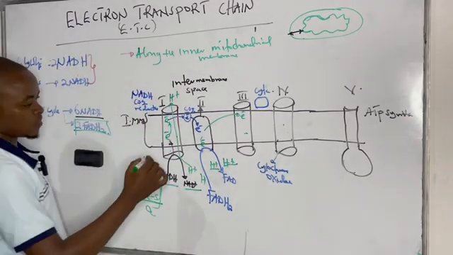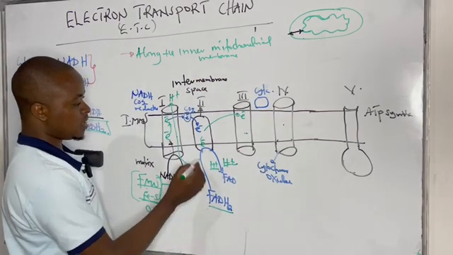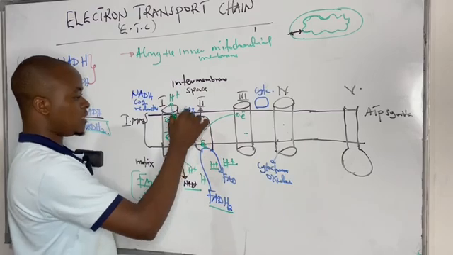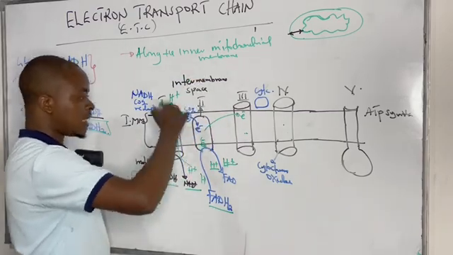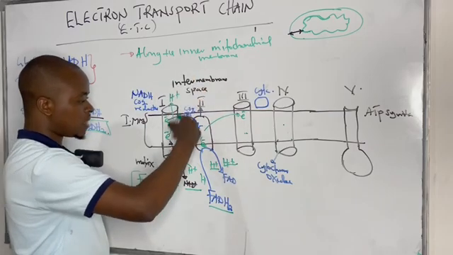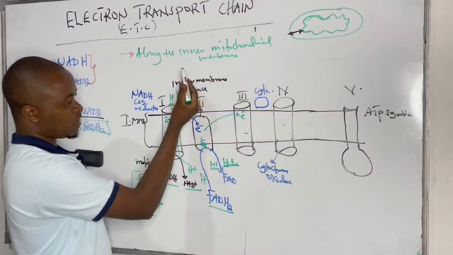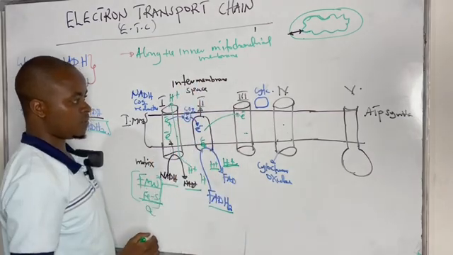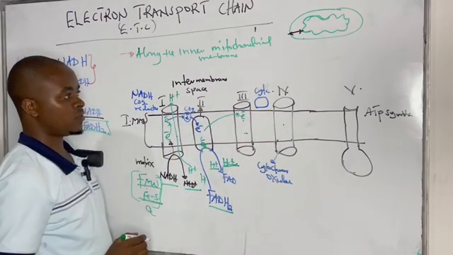So after oxidizing FADH2, we see it loses its protons to complex 2, and this complex 2 undergoes a redox reaction and becomes excited. And when it becomes excited, it cleaves off these protons. These protons cannot pass through because it's impermeable, so they have to wait to go into complex 3. Then it passes its electrons to complex 3.